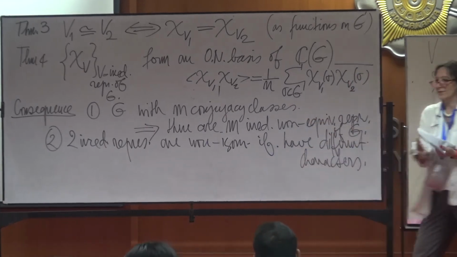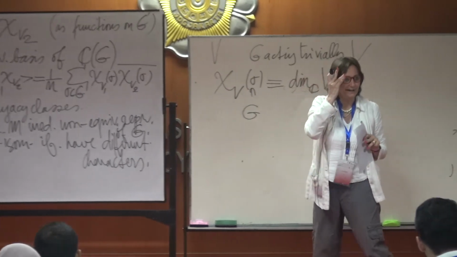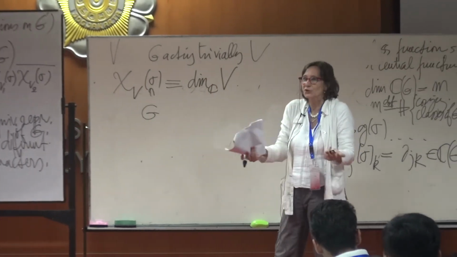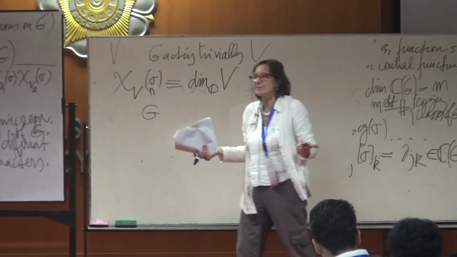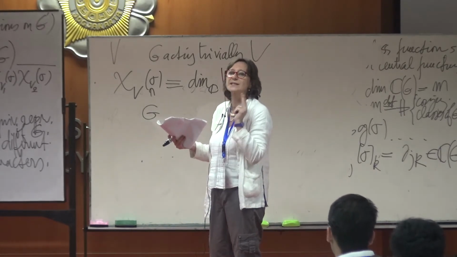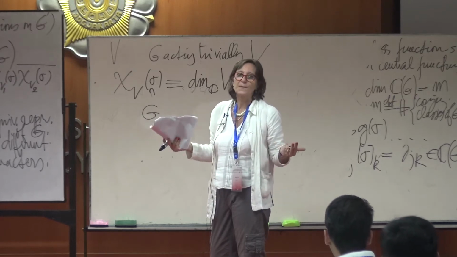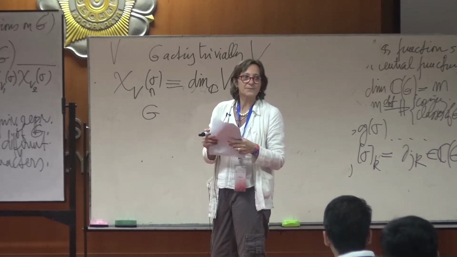Of course, the dimension is the first invariant you can think of, but suppose you have two representations acting irreducibly on a vector space of the same dimension, and you want to know whether they are equivalent or not. Then you check the character.